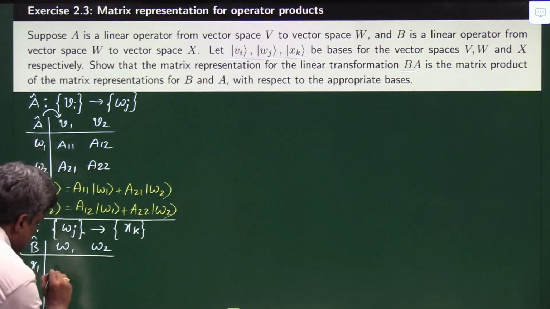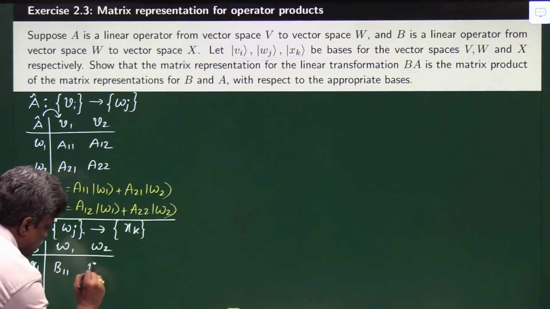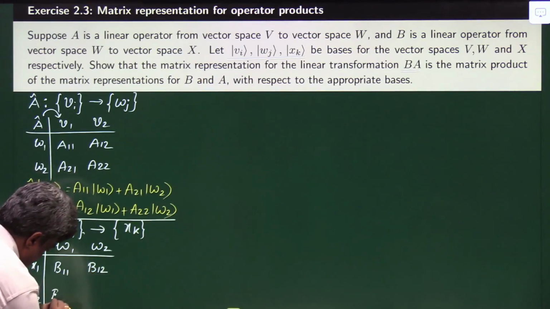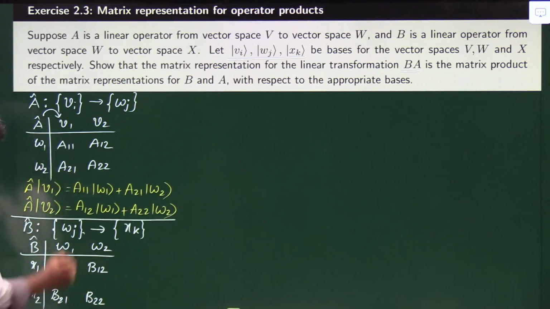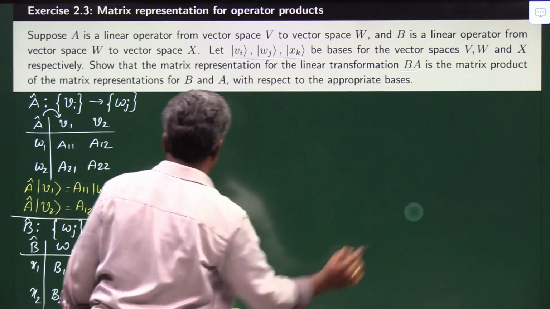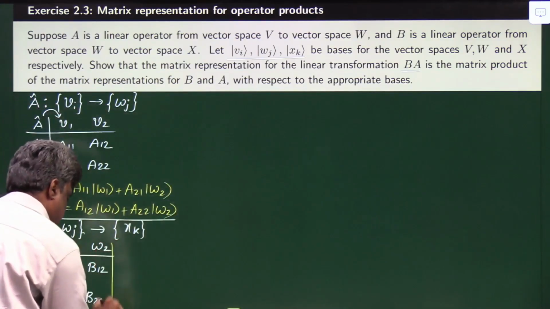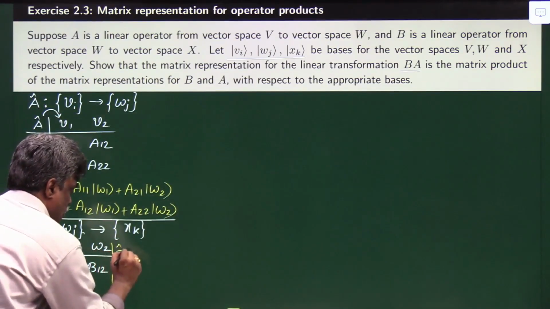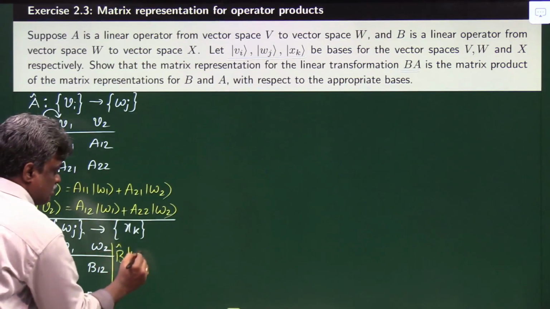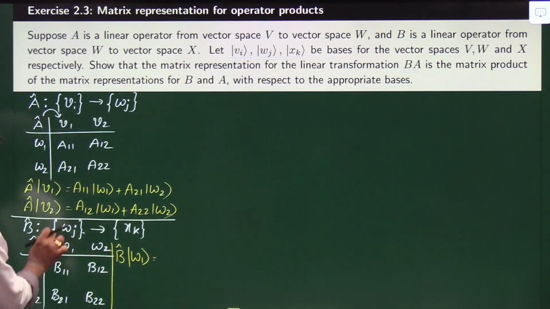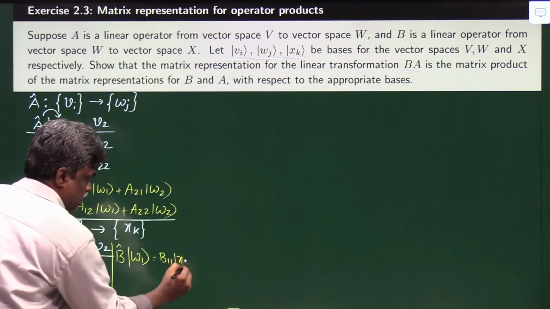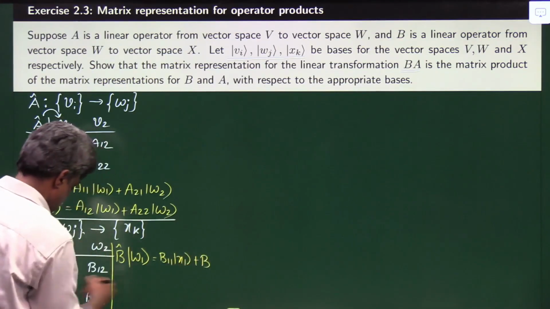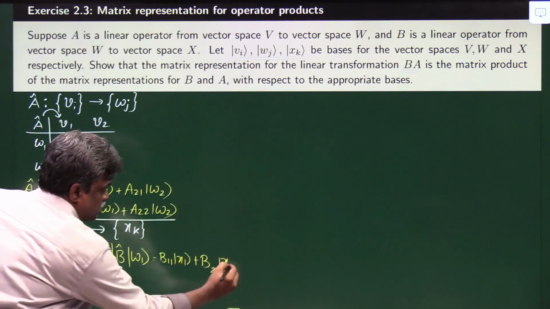Okay. So this is the first row, first column as usual. This is B12 and this is B21 and this is B22. So what is the meaning of this? Say here if B operates on W1, we will get the linear combination of output basis X1 and X2, which is B11 X1 plus B21 X2.